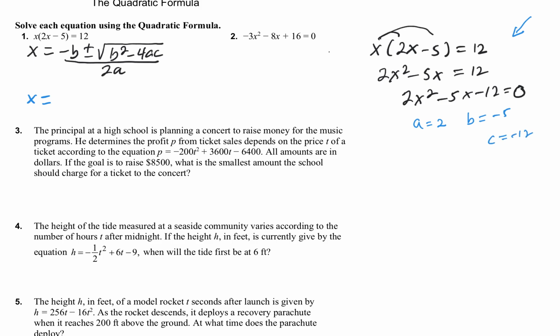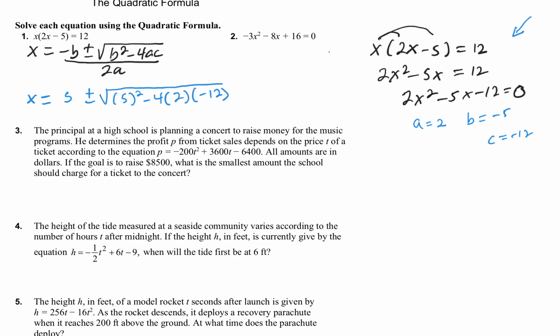So now I'm going to substitute into the formula. So the formula is x equals 5 plus or minus square root of 5 squared minus 4 times 2 times negative 12.